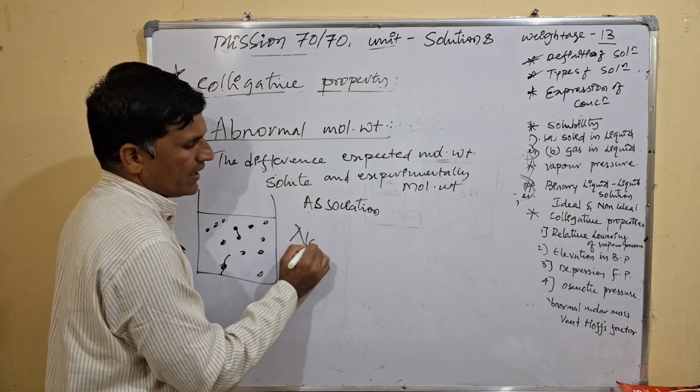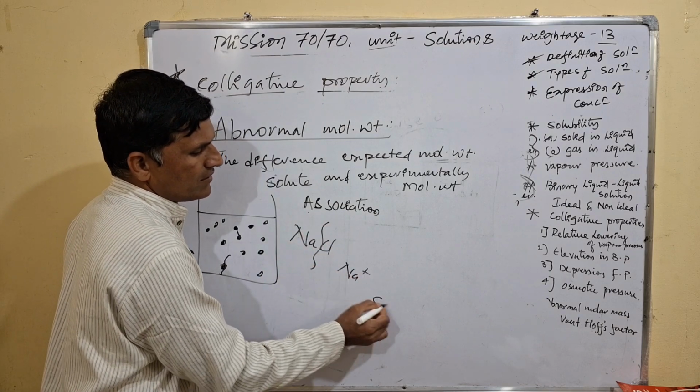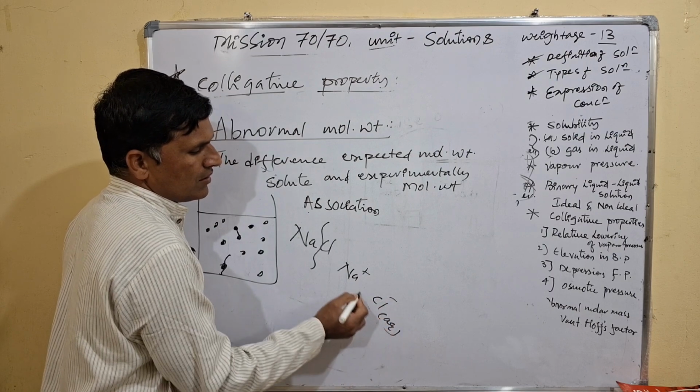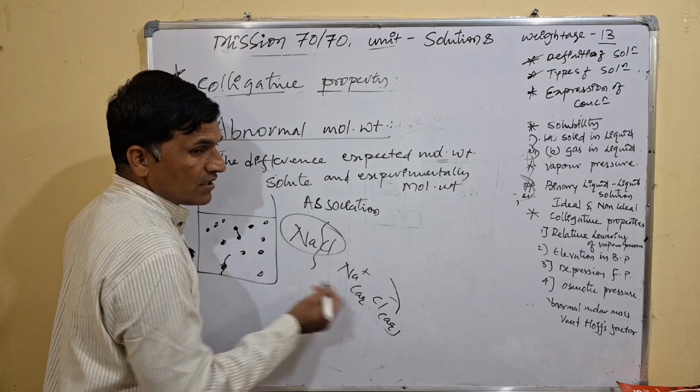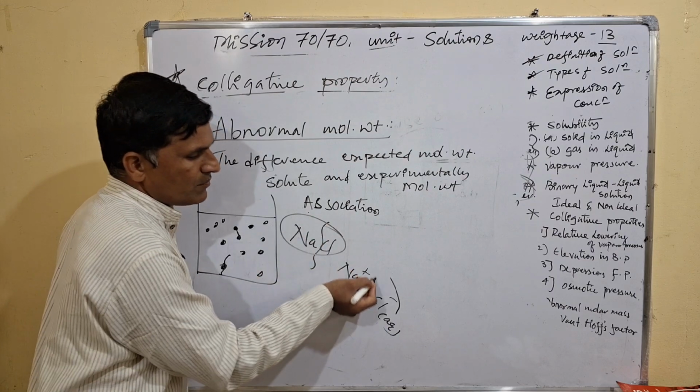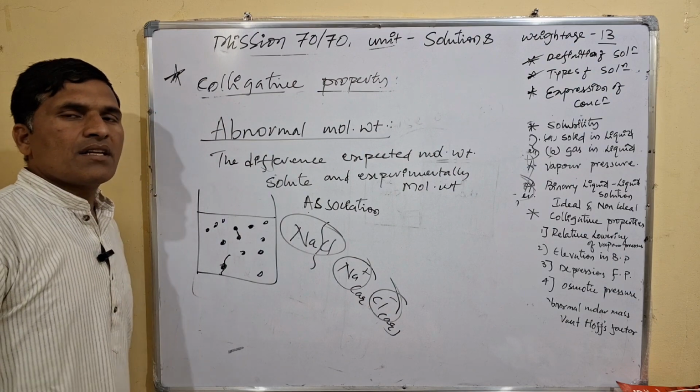Say, if you take the electrolyte NaCl and add it, it will be Na plus and Cl minus in aqueous solution. So we expect them together as one molecule in calculating the molecular weight, but it is present as two entities.